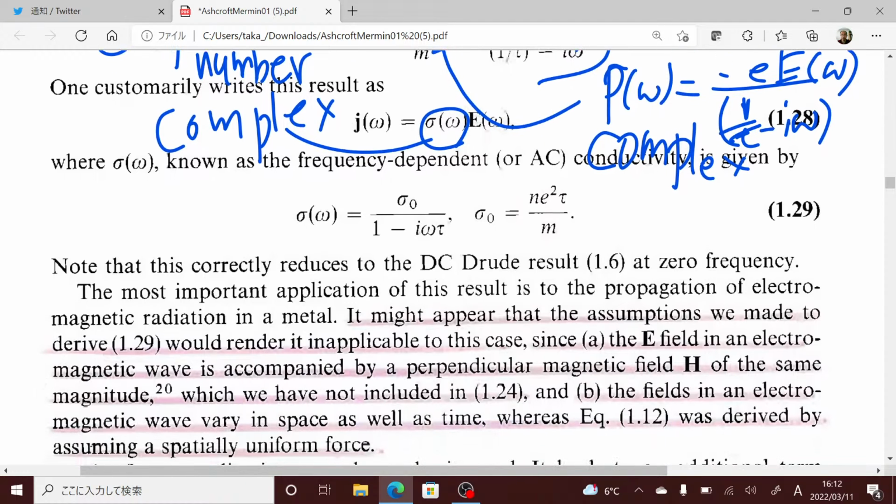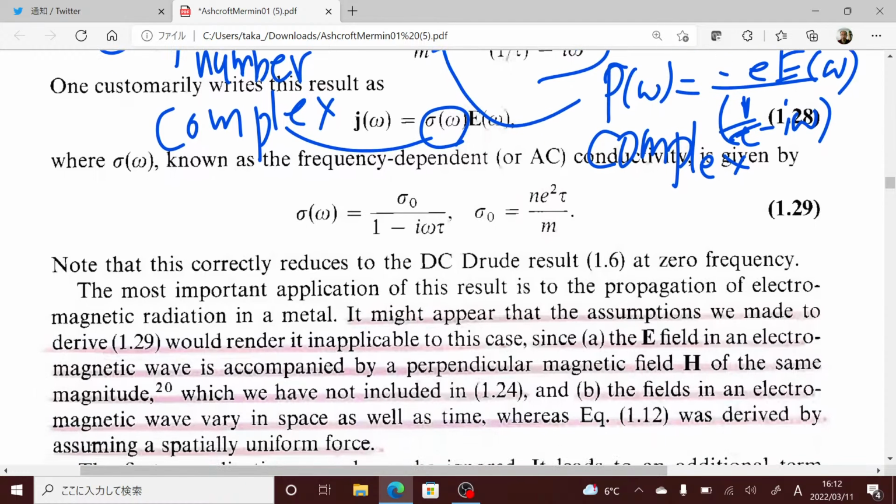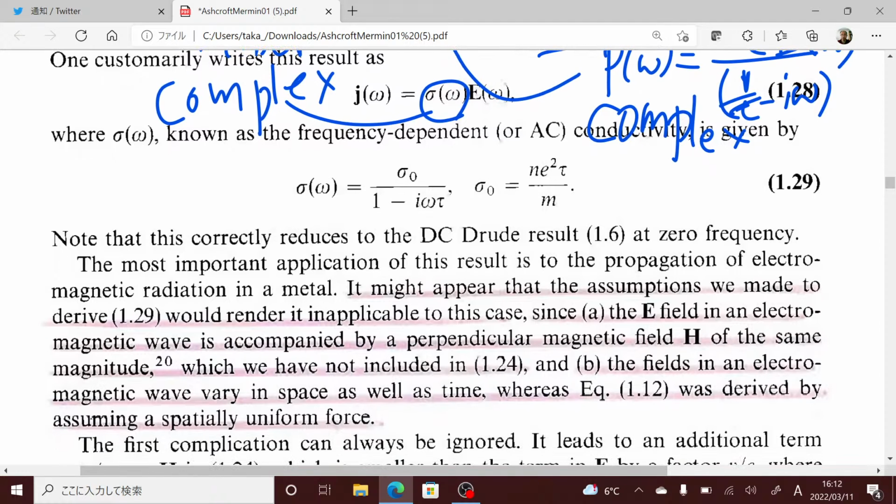Note that this correctly reduces to the DC Drude result 1.6 at zero frequency.